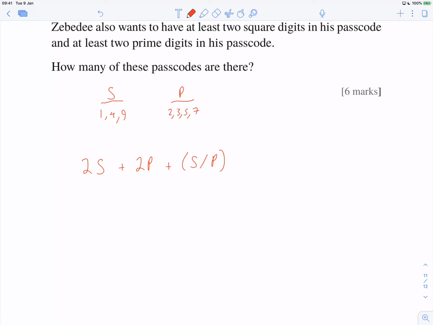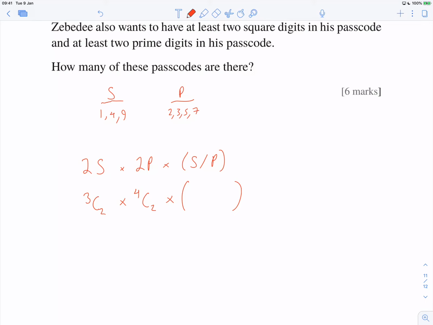So I want to choose 2 squares from that list of 3. And technically it's the combinations of. So I want 2 squares from 3, so it's 3 choose 2, times by 2 primes from that, so it's going to be 4 choose 2, times by either a square or prime.